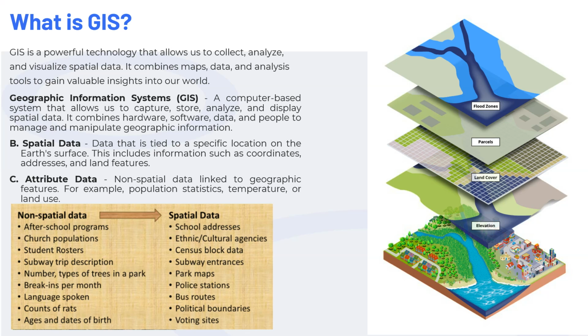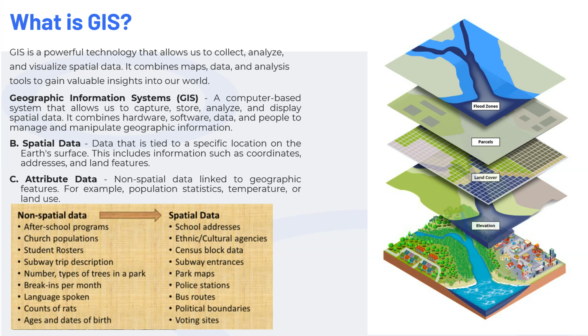Suppose you are in your classroom in the Institute of Socioeconomic Geography and Spatial Management. There are some coordinates, meaning latitude and longitude, an address or a land feature. Maybe you are on the first or second floor. That is spatial data.